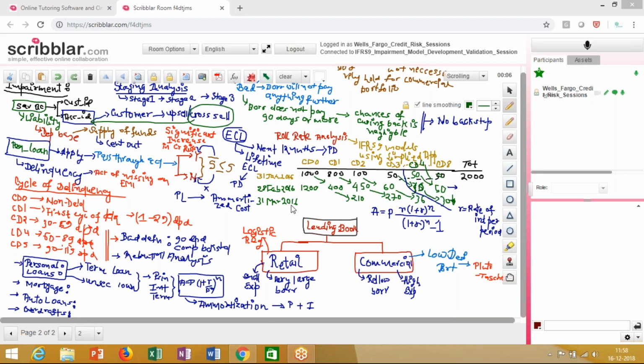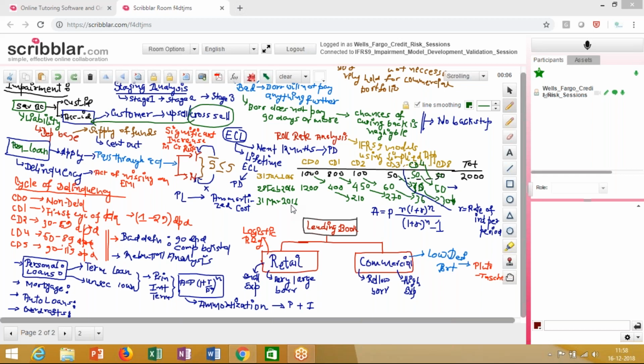Now, IFRS 9, as we have discussed, stands for the International Financial Reporting Standards 9. The IFRS is a requirement under the International Accounting Standards Board, so it is the reporting standard which follows the IASB accounting guidelines. Internationally, there are two accepted guidelines of accounting.